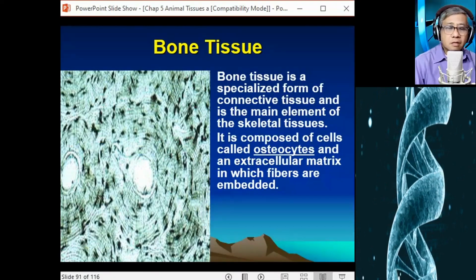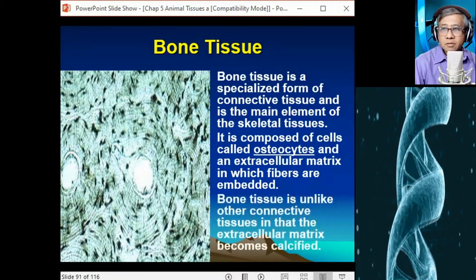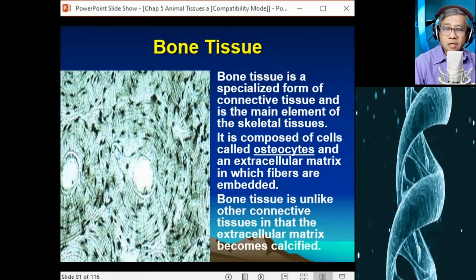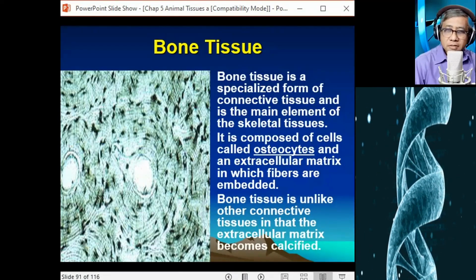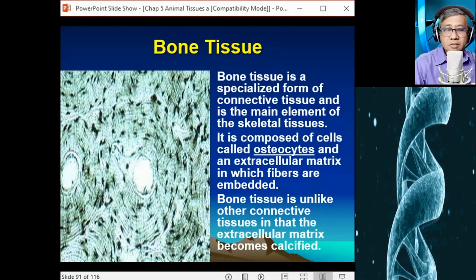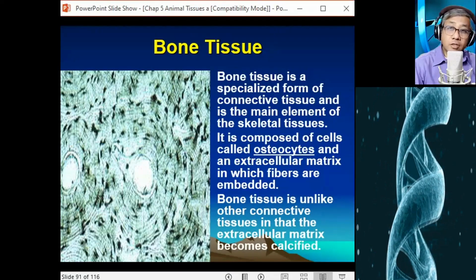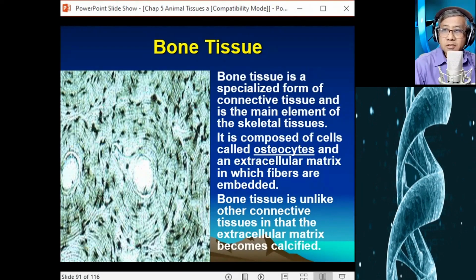The extracellular matrix is calcified. Bone tissue is unlike other connective tissues in that the extracellular matrix becomes calcified. Unlike cartilage in which the extracellular matrix is collagen. Ito naman, calcium. Kaya matigas siya, para siyang semento.